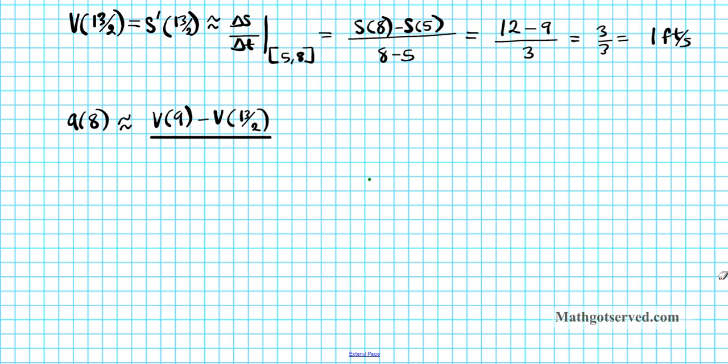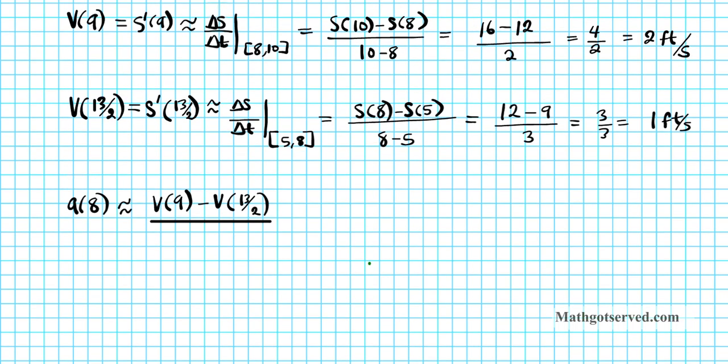That's going to give us 18 over 2 minus 13 over 2. Okay? So using the results we got, v of 9 is 2 minus v of 13 over 2 is 1, divided by 18 over 2 minus 13 over 2, which is 5 over 2.